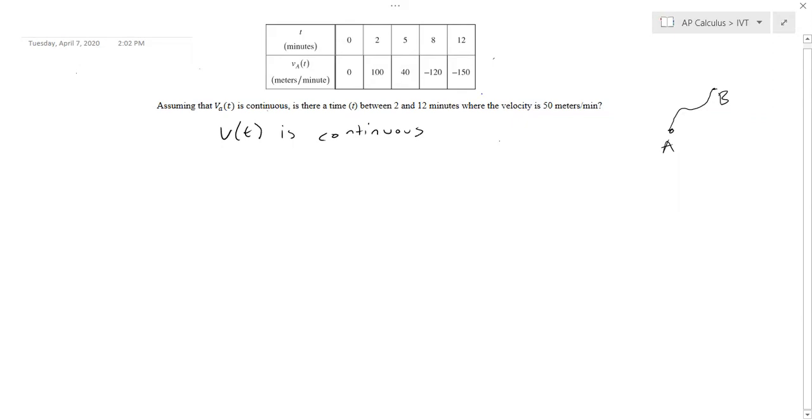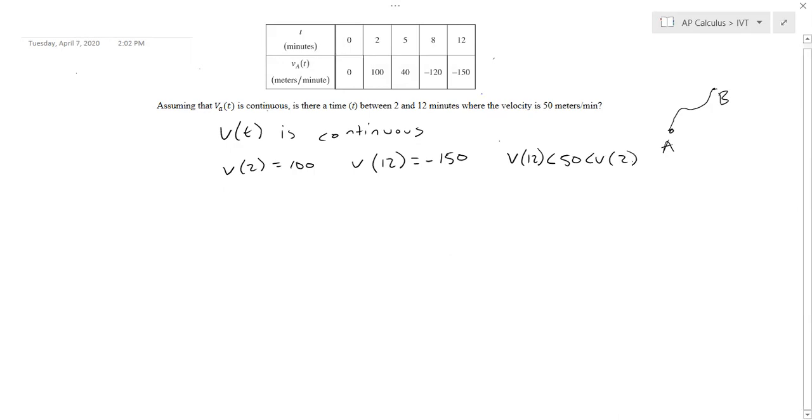Next, you're going to want to say that v of 2 equals 100 and that v of 12 equals negative 150, and therefore that the velocity that we're looking for, 50 meters per minute, is between the two. So we can say that v of 12 is less than 50, which is less than v of 2. Okay, so that's what we have there.